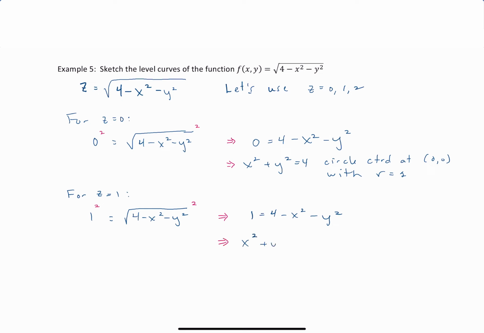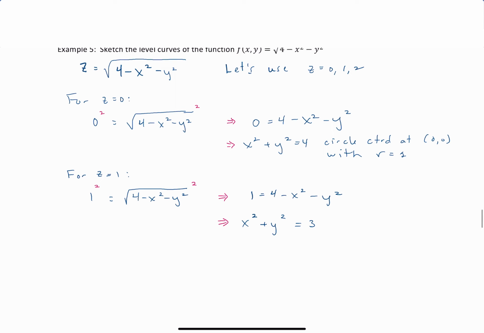That'll give me x squared plus y squared equals 3. This again is a circle centered at the origin. This time the radius is, well, what would I square to get 3? It would be the square root of 3. And that, by the way, is approximately 1.7.